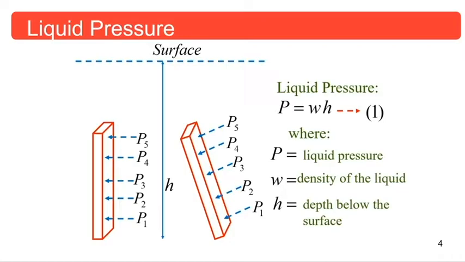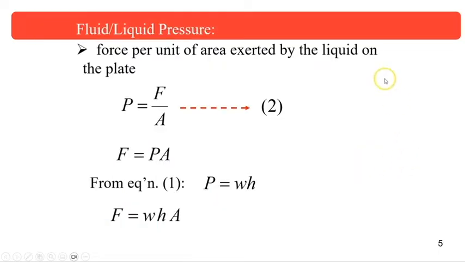In this figure, you can see that pressure varies at different depths, where P1 would be the same and P2 would be the same, no matter the orientation of the object. In this slide, fluid force due to liquid pressure is the force per unit area exerted by the liquid on the plate.